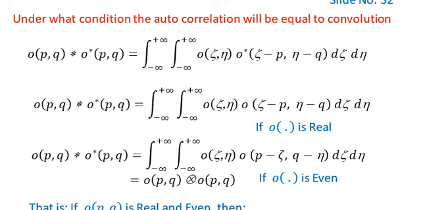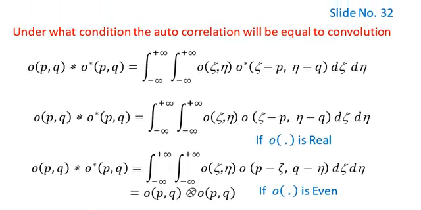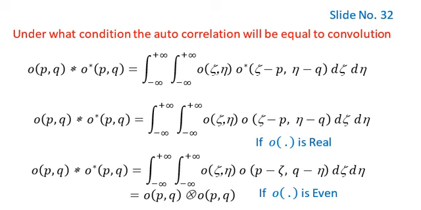Okay, now the question is: under what condition will the autocorrelation be equal to the convolution? So is there any condition under which the autocorrelation of a function is the same as the convolution of the two functions? Let's analyze it.